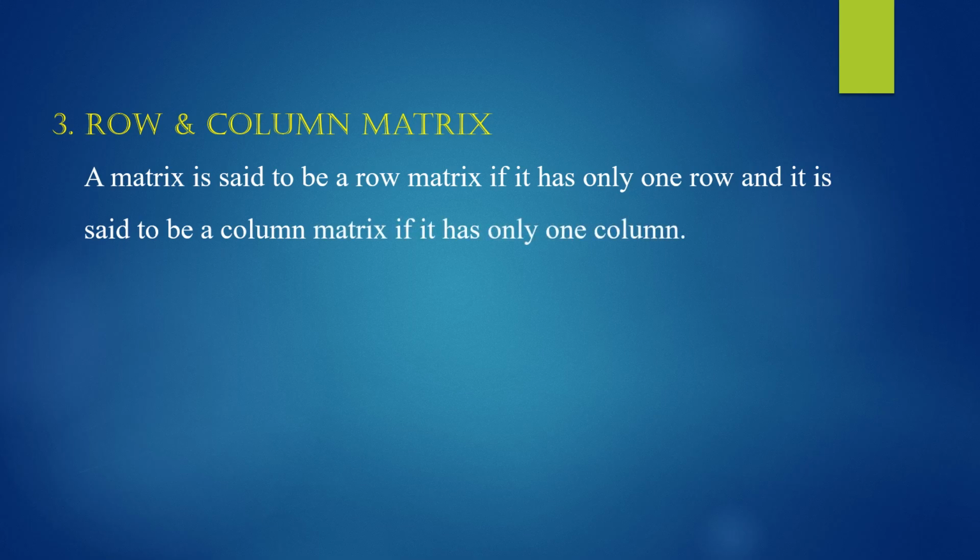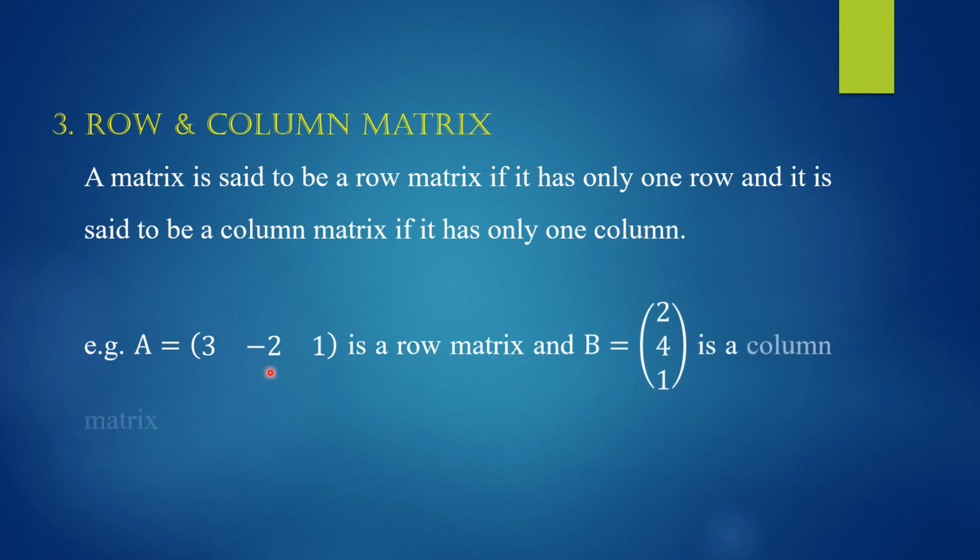So if you write an example of a row and column matrix, it will be better understanding for you. You see, for example, the matrix A is equal to 3, minus 2, 1. This is a matrix of what order? The row number is 1, only one row, and the column number is 1, 2, 3.